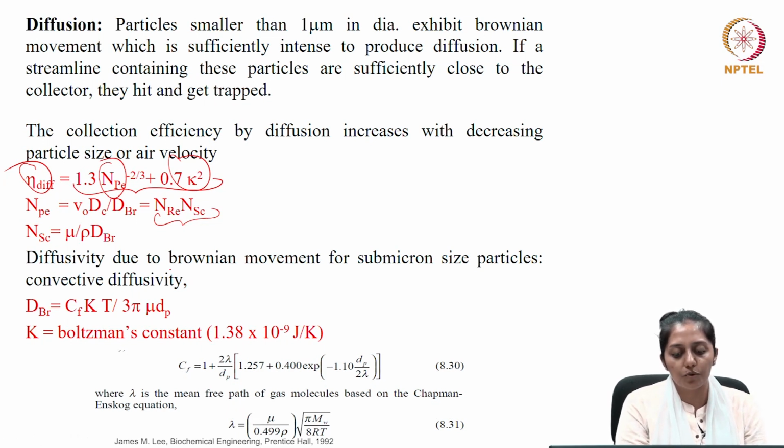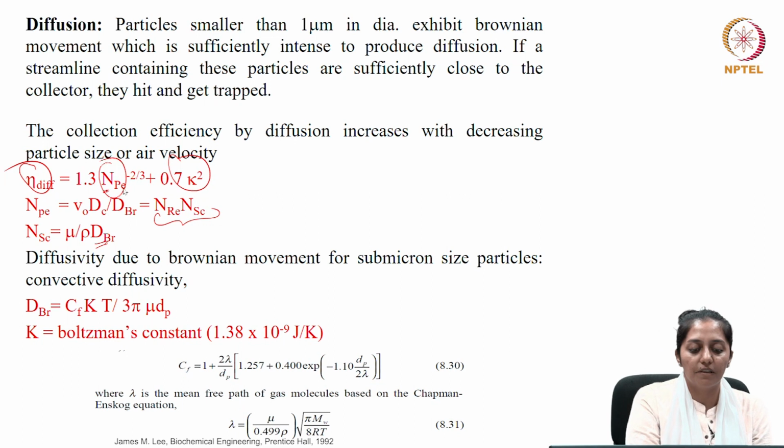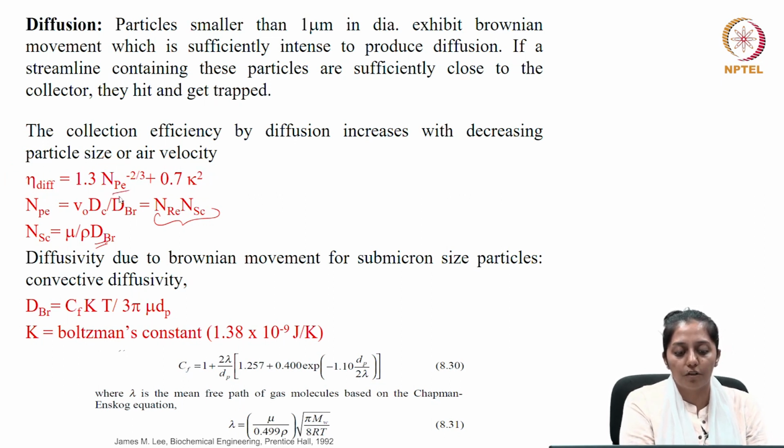The diffusivity due to Brownian movement is dBr for submicron size particles. You may call it convective diffusivity. So, the efficiency due to diffusion, a function of the Peclet number, has been defined as an empirical relationship being a function of Peclet number and the Boltzmann constant. The Peclet number in turn is a function of Reynolds number and Schmidt's number.